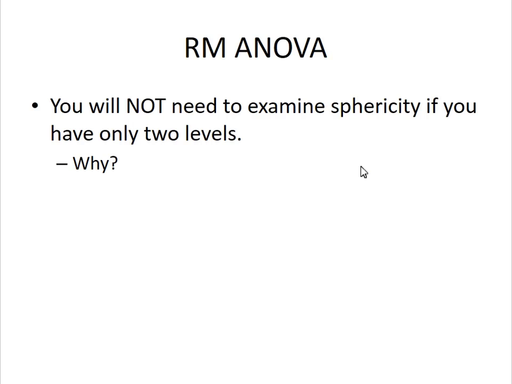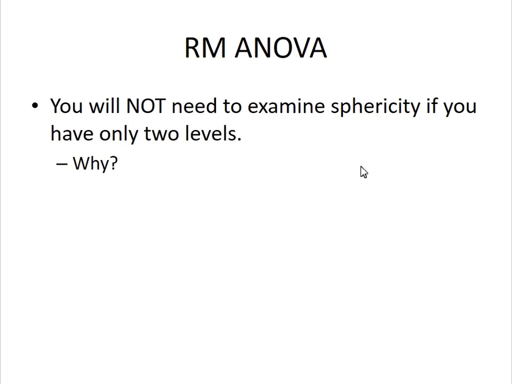If I only have two levels, and it's an ANOVA on the difference scores, how many difference scores can I have with two levels? 1. And I can only have one correlation. So basically I don't have anything to compare it to. So it's just 1 to 2. So with only two levels, there are no difference scores or correlations to compare. There's just one.